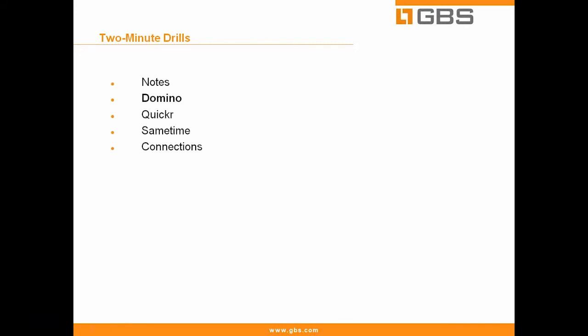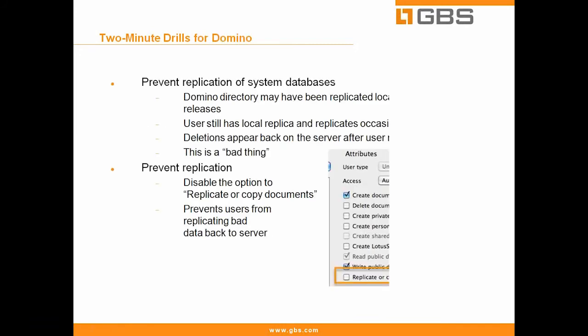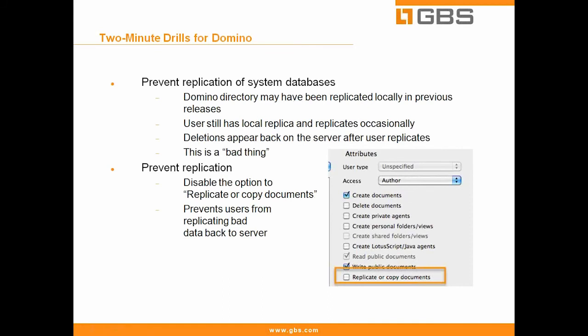Now we're going to talk about the Domino side of the house here. Preventing replication of system databases. What we found is we had a customer that back in the olden days there was no mobile directory or anything like that, so they would allow users to replicate the Domino directory names.nsf locally so that people could address email.